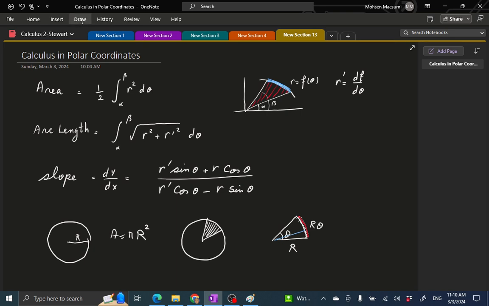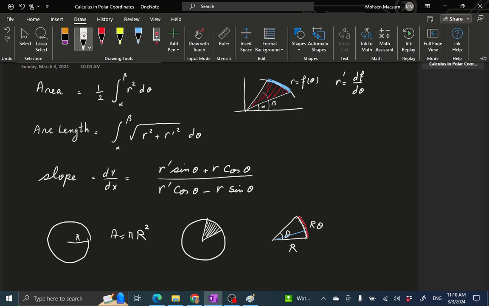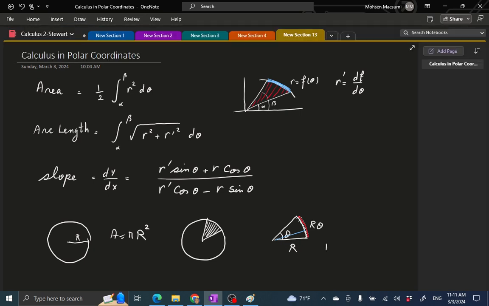And what was the area formula there for a triangle? It is 1/2 base times height. So the base is r theta, height is r, and when you multiply them, you get 1/2 r squared theta.